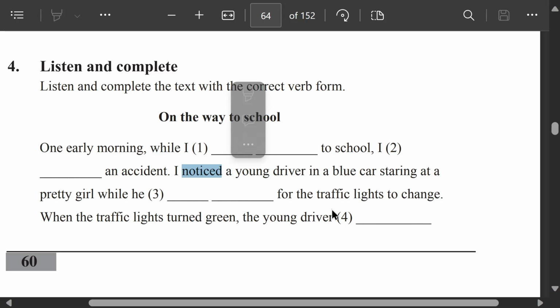Which past? Simple past. You're still loading, no? Downloading information, a lot of processing. I noticed. This is simple past. Remember? Just this verb by itself, I noticed. Now, I noticed the sound.